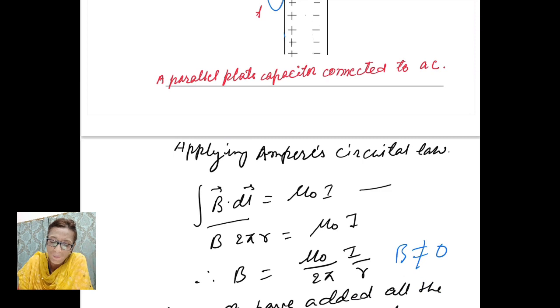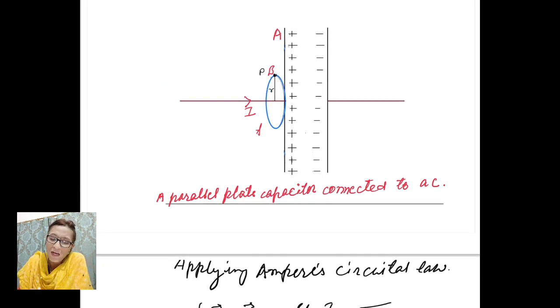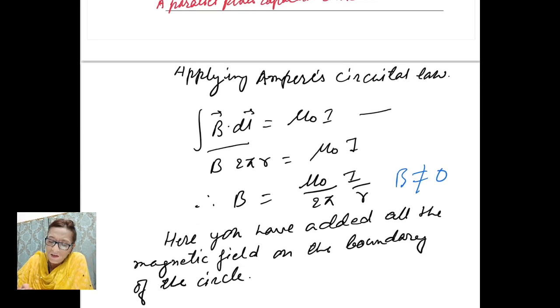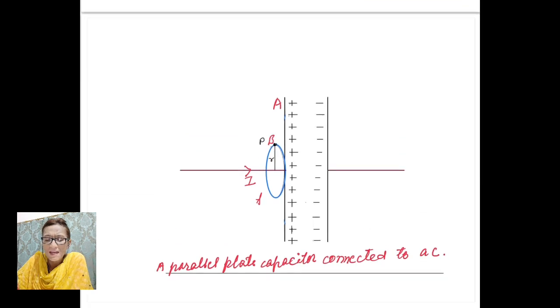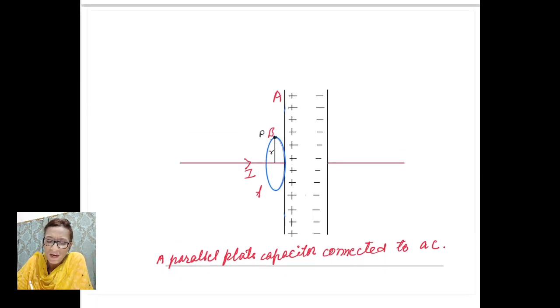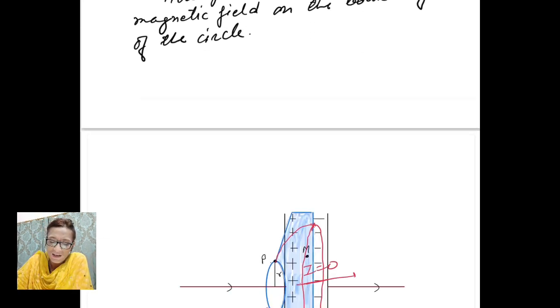It is the boundary condition. It is the summation of all magnetic field on the boundary itself. So if one way you are finding B as mu naught upon 2 pi, I upon r, then from any way you are trying to find magnetic field here, it should be the same. It should not change.